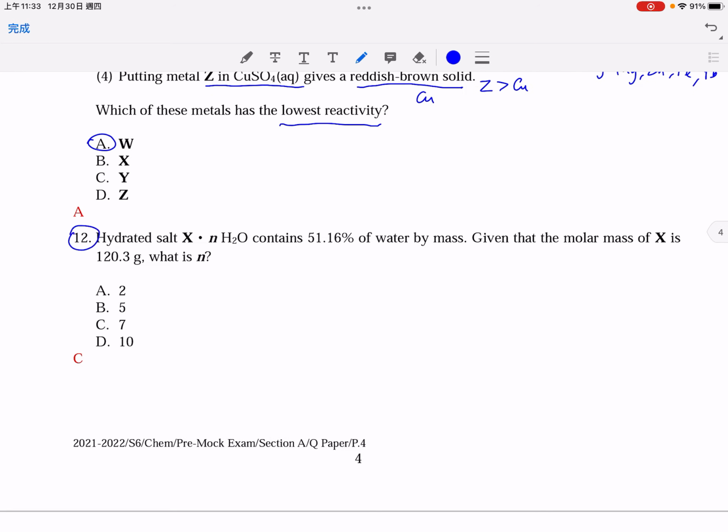Question number 12. We can work out the value of N using the following method.